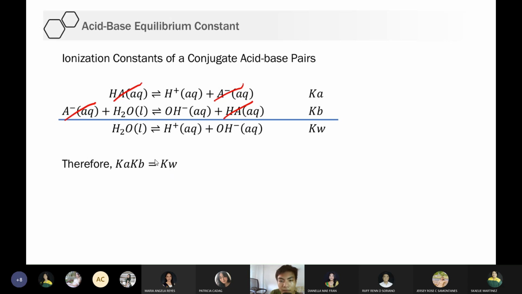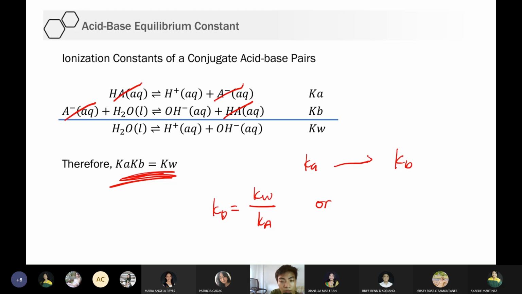So where can we use this? Suppose I give you a problem where the Ka is given, but what you need is Kb. You just convert Ka to Kb. How? You use this. To convert Ka to Kb, the equation to be used is Kb equals Kw over Ka.